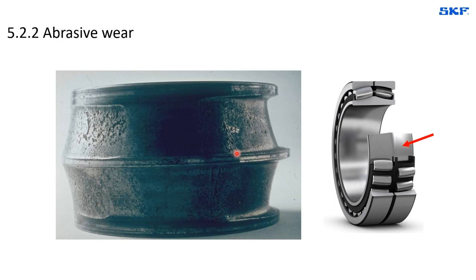So they are, we can call it in phase, or they are rotating together. So you can say that in this case, even if the inner ring is rotating, it's always exposed to load in the same area. And when you add to that, that there was a significant amount of contaminants going into the bearing, mixing with the lubricant and transforming the lubricant into an abrasive media, then we create the perfect conditions for this to happen.